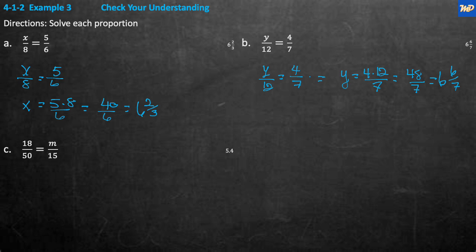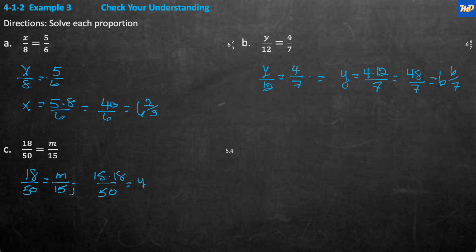Okay, let's do this one. C. 18 is to 50 as m is to 15. So we're going to multiply both sides by 15 now to get the m by itself. So I'm going to say 15 times 18 over 50 is equal to m.